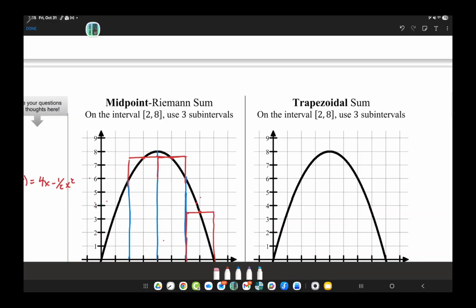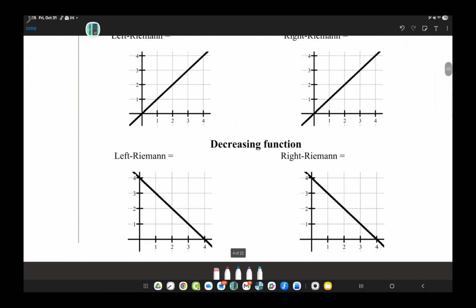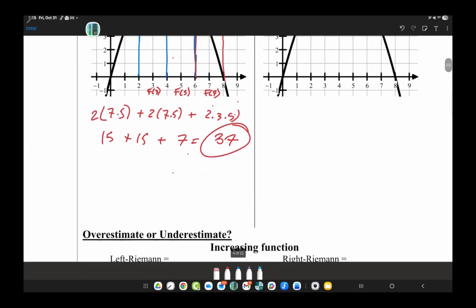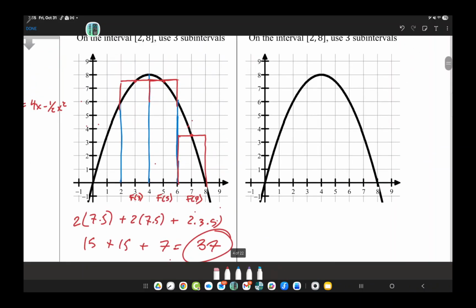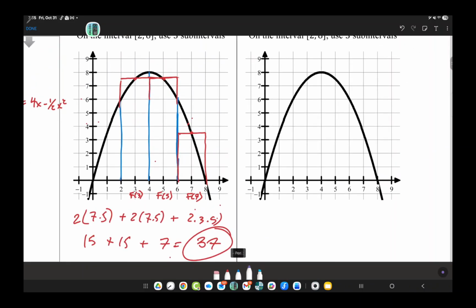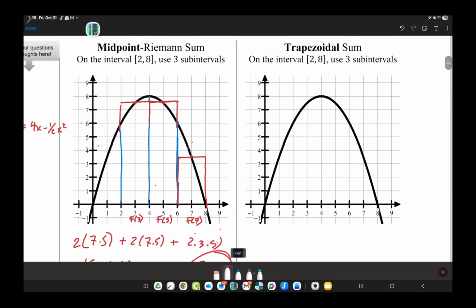Oh, no, no, no. I'm thinking the wrong thing. You're right, it is 37. I'm thinking of the wrong one. The midpoint, yeah, you still have to find the midpoint.